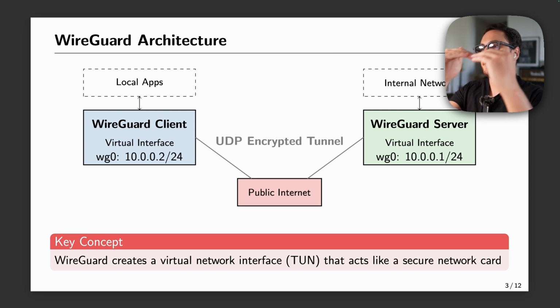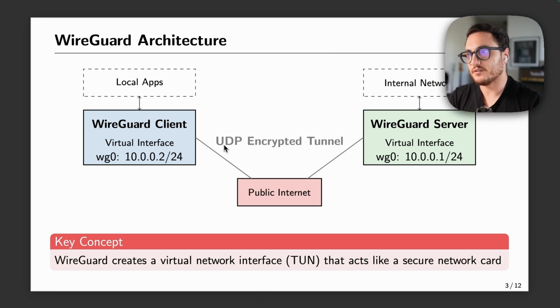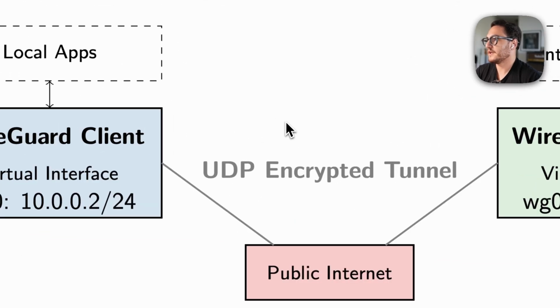WireGuard operates at the layer 4 level as OpenVPN because it uses by default a UDP encrypted tunnel, which is the same thing that we did for OpenVPN. The architecture is extremely similar to what we've seen with OpenVPN without the bells and whistles.